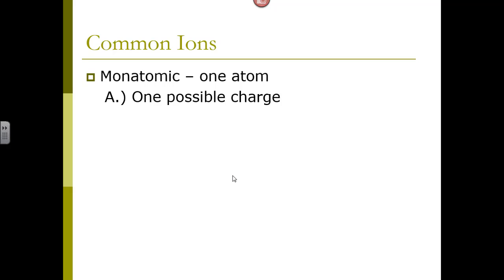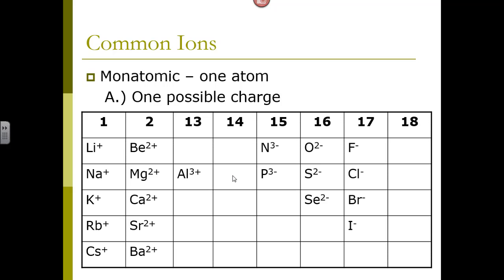The first kind of monatomic ions are the ones that only have 1 possible charge. There's a set number of electrons that they lose or gain, and that's just what they do every time. These are those ions that we've been using as examples for a while. For example, most of the things in column 1, column 2, there's aluminum, nitrogen, phosphorus.